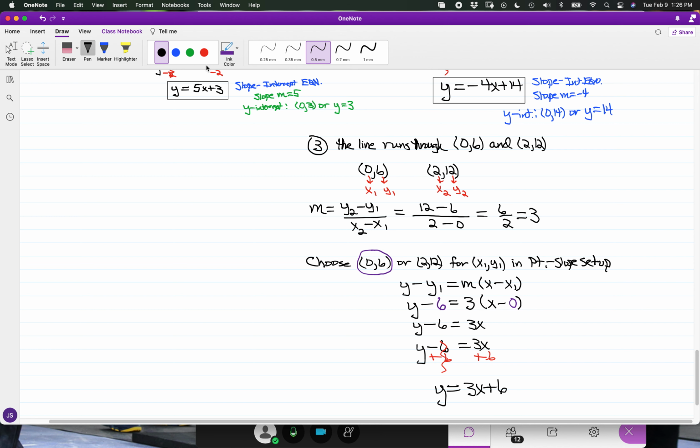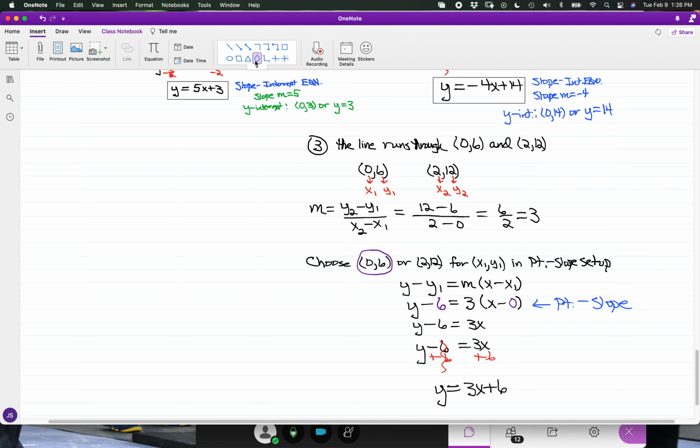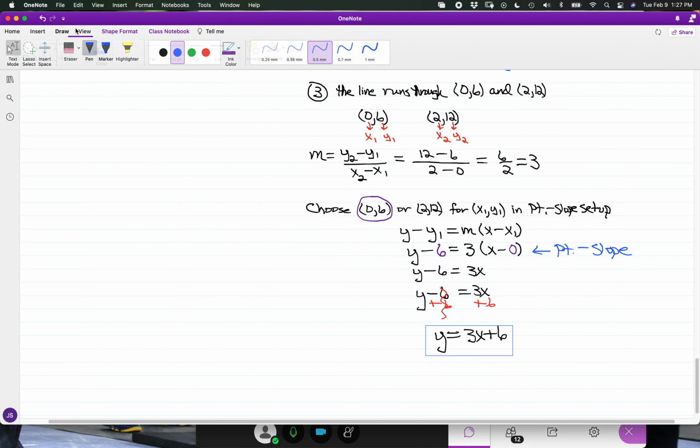And I would just mention with this part here that that's going to be the point-slope equation for that version, having chosen (0, 6) to work with. And this outcome is going to be the slope-intercept equation.